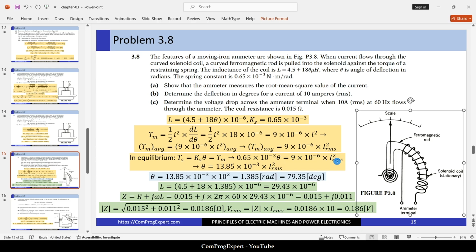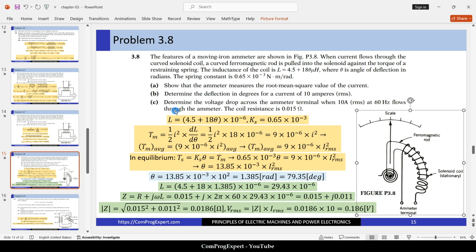This is the value of the magnetic torque. If you replace the numbers, the current equal to 10, the RMS value, the angle of the deflection will be equal to 79.3 degrees. Okay, so you can redo the calculations.